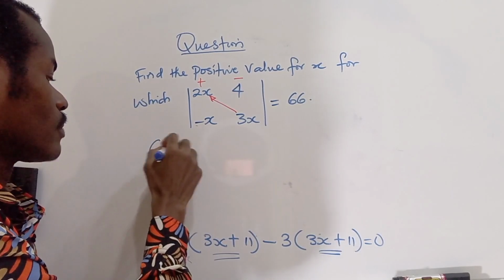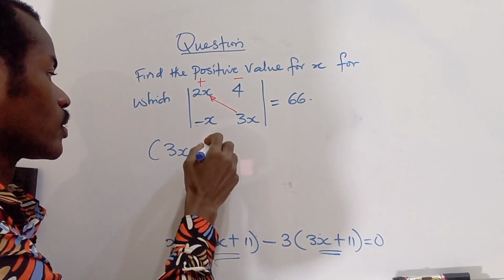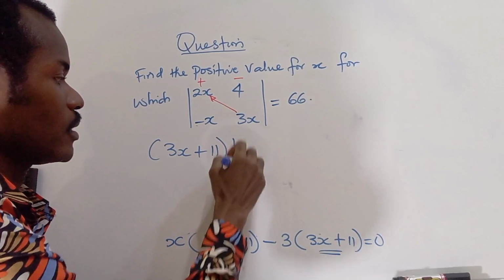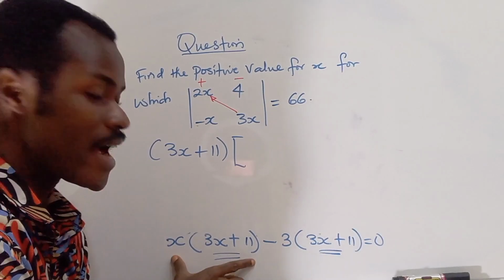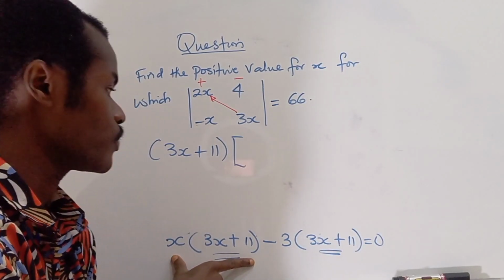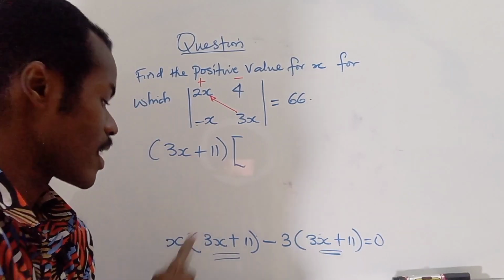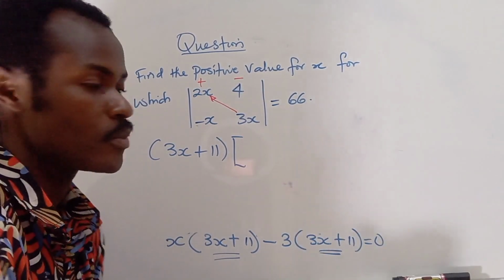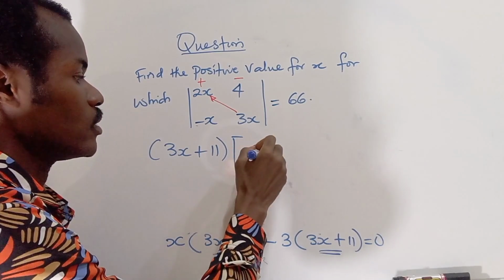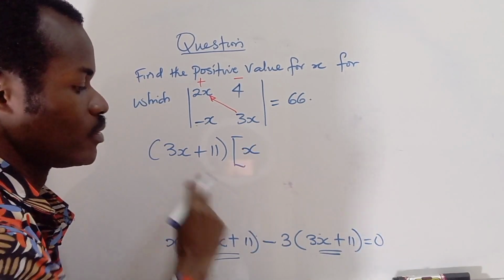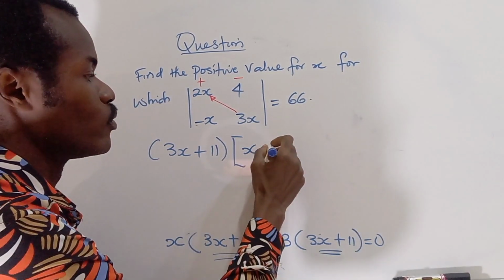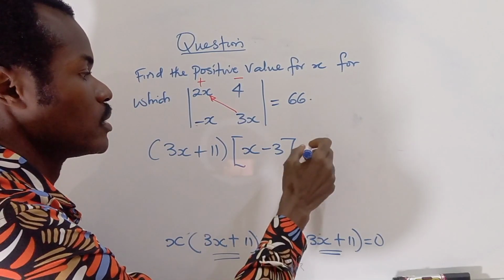So I'm going to write my 3x plus 11. Okay? Then we are going to open the bracket. All right, now, if I divide all this here by this that we are factoring out, we'll be left with x. So I'm going to put x, okay, in the bracket, and if we also divide all this by this, we'll be left with minus 3. So I'm going to put minus 3 is equal to 0.